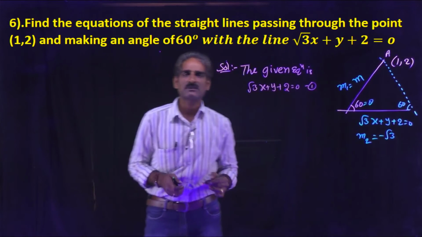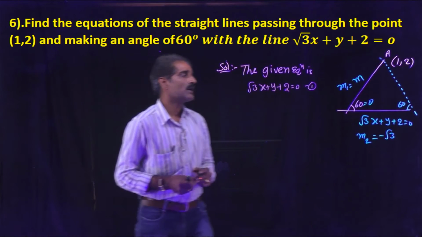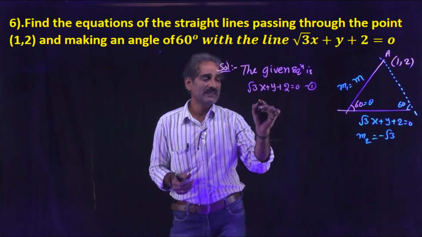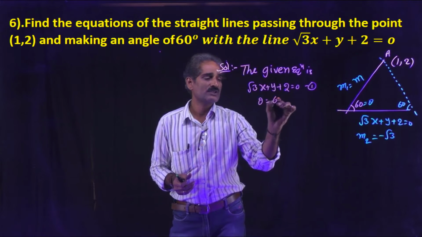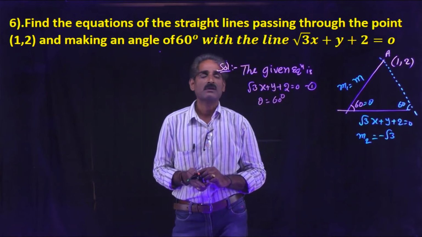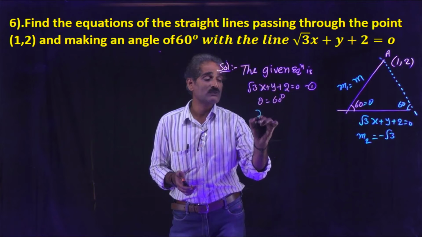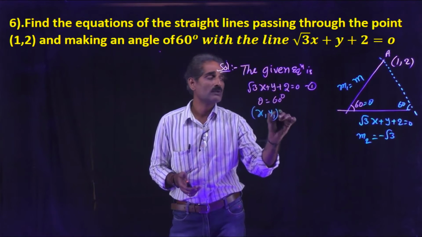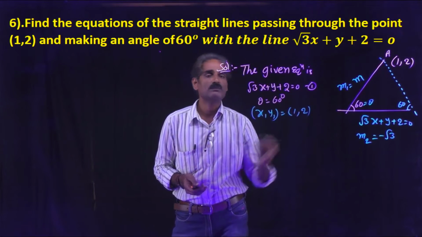Let us take this as equation 1. The given angle theta is equal to 60 degrees, and the point (x1, y1) is (1, 2).